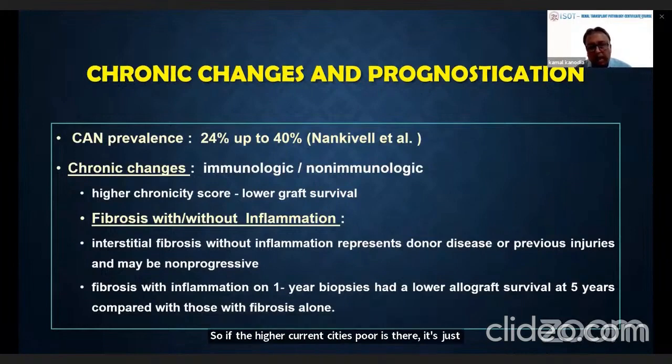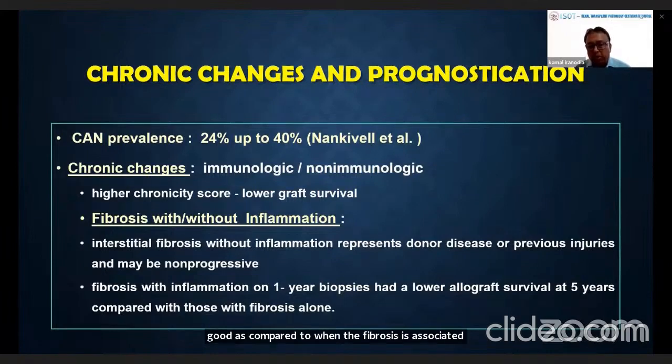Now the thing is whether the fibrosis is associated with inflammation or not. If interstitial fibrosis is not associated with inflammation, only fibrosis is there, it represents donor disease or previous injuries and may be non-progressive. So the survival of the graft is quite good as compared to when the fibrosis is associated with inflammation.